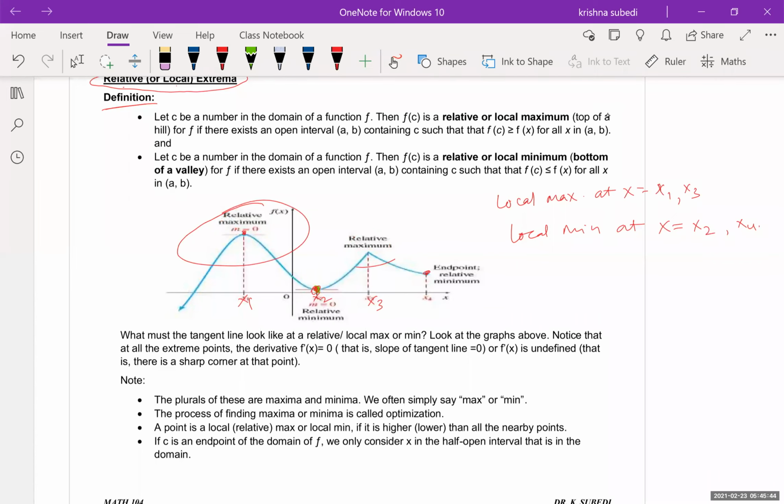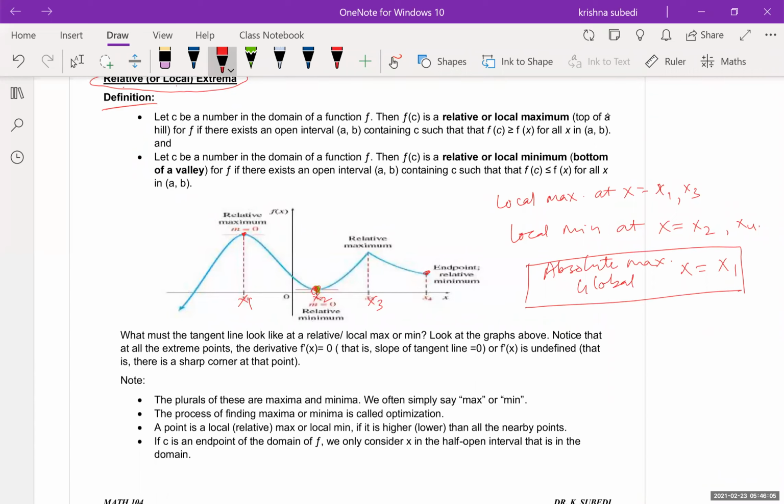But when we look at the graph as a whole, then this is the true maximum. Therefore, we call it absolute maximum, or sometimes called global maximum, at x equals x1. Okay, again, the global maximum and minimum, we'll talk about that later. So now let's focus our attention on local maximum and local minimum only.